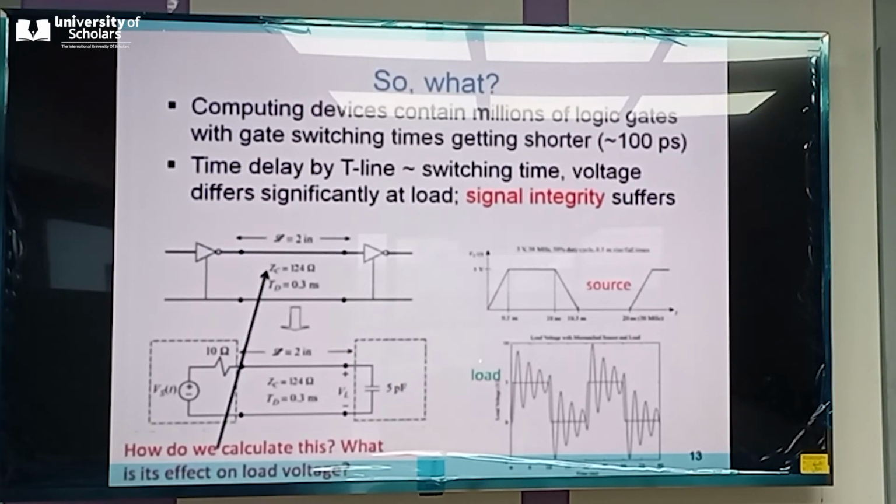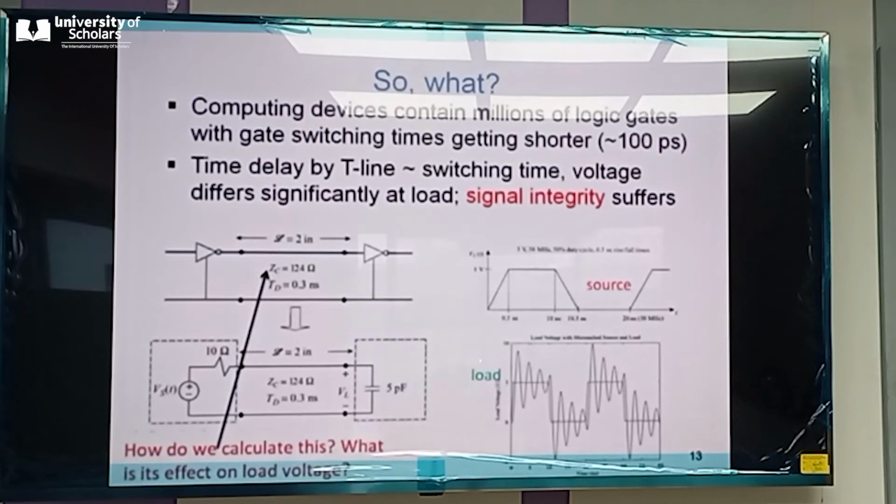Now, transmission lines are characterized by several characteristics, and we need to know those characteristics. One of the most important characteristics of a transmission line is its characteristic impedance.